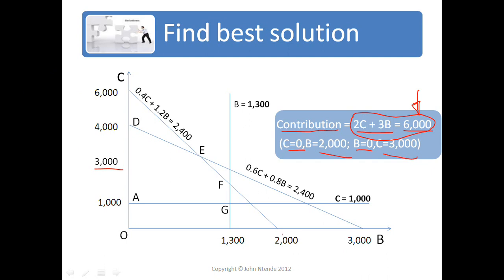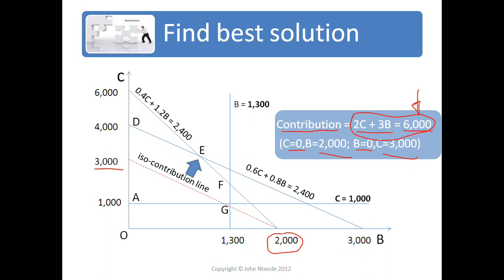And the point C is equal to 0 and B is equal to 2,000 is right here. So you join these two points by a straight line. So this line here is called the ISO contribution line.